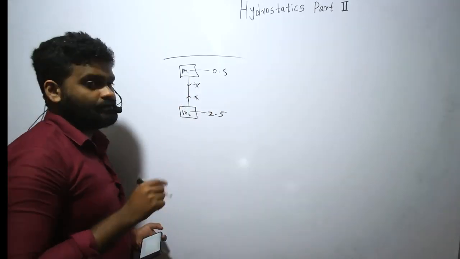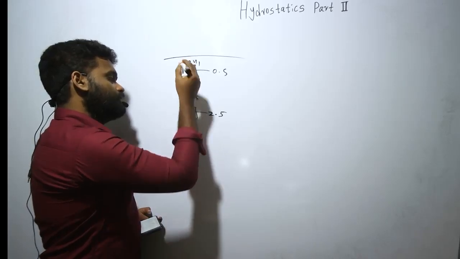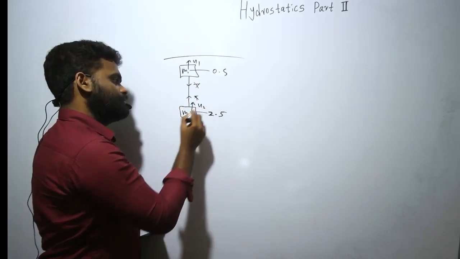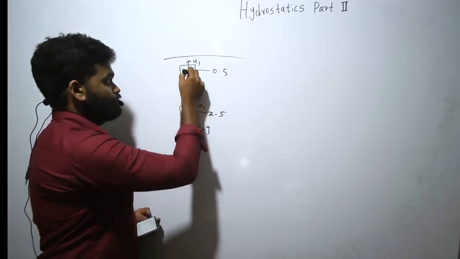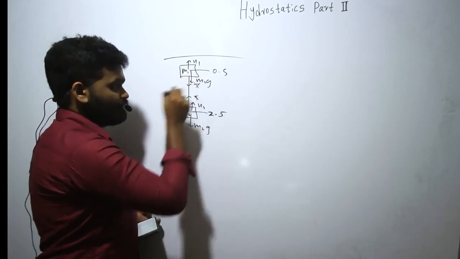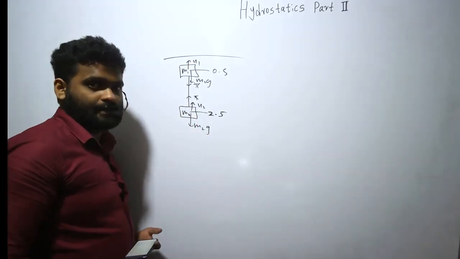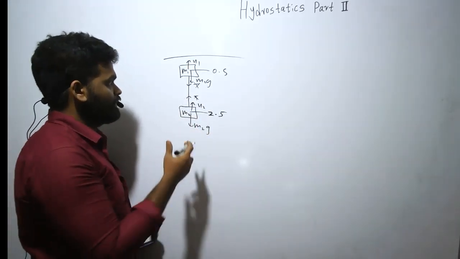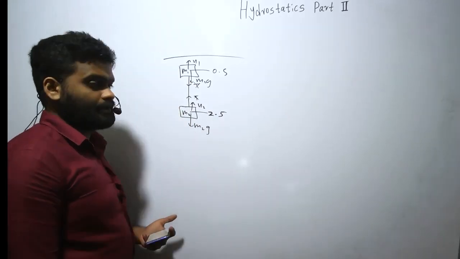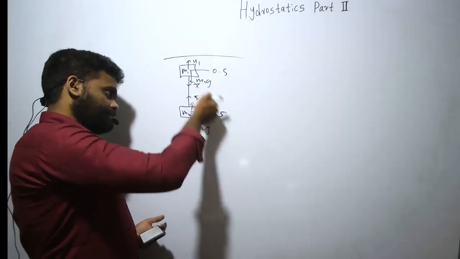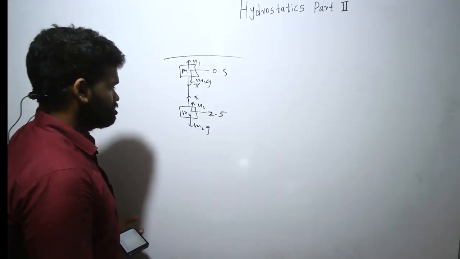So you don't have to deal with tensions there. On this one, there's a U1 of upthrust. Here as well, there's a U2 of upthrust. And then it also has weights, M2G, here M1G. So these four forces are the only forces here. These tensions are internal forces. If you want, you can find the tensions by considering only part of the system, but they don't ask that.